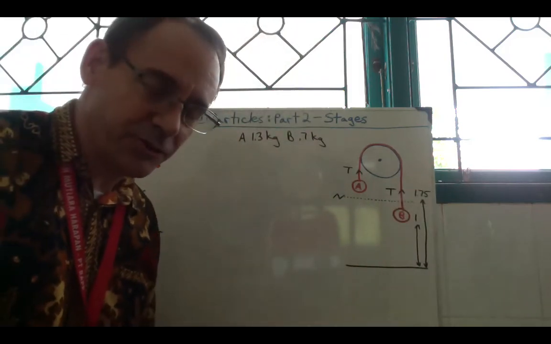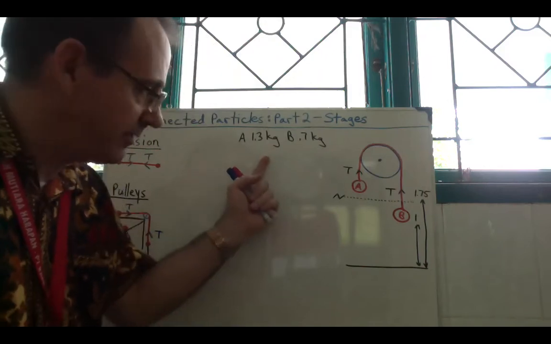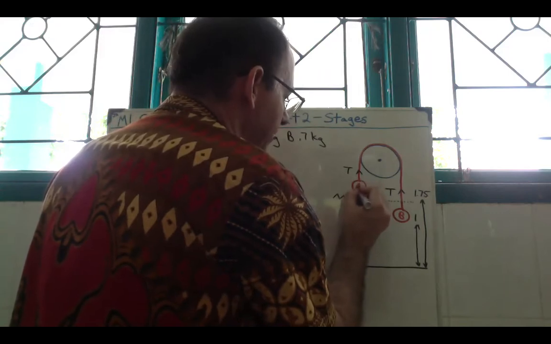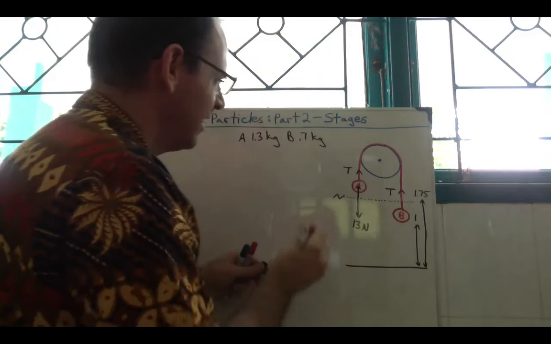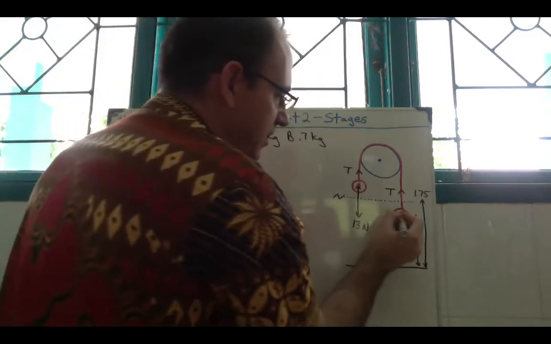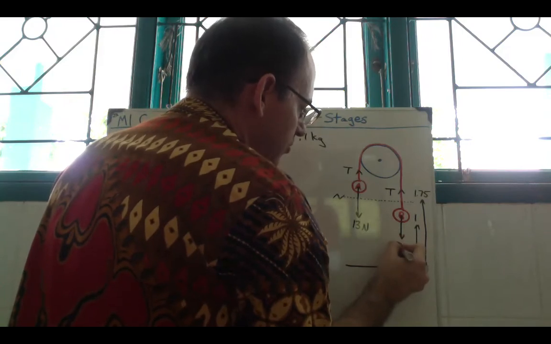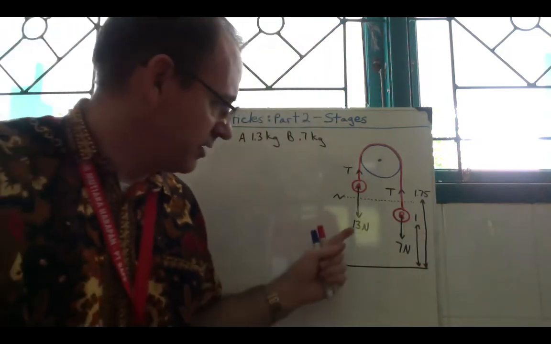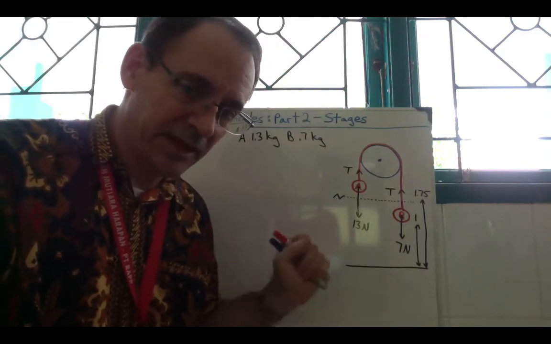And we need to calculate our force due to gravity. So 1.3 times 10 gives 13 newtons, and 0.7 times 10 gives 7 newtons. Okay, so we put those in. Notice that the 13 is heavier weight than the 7.